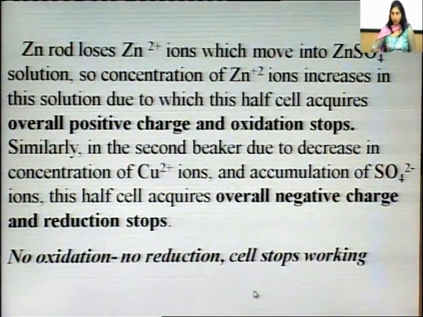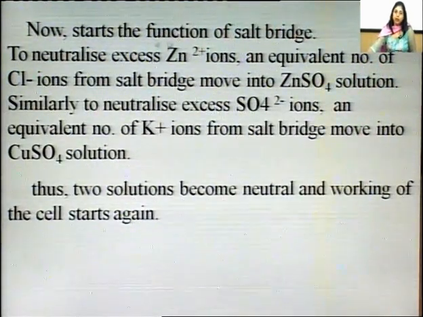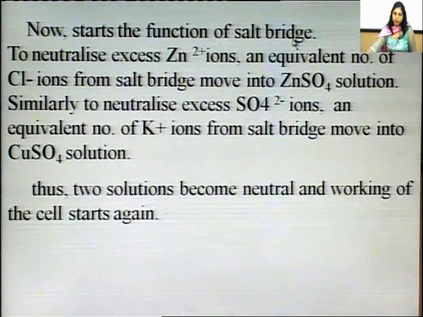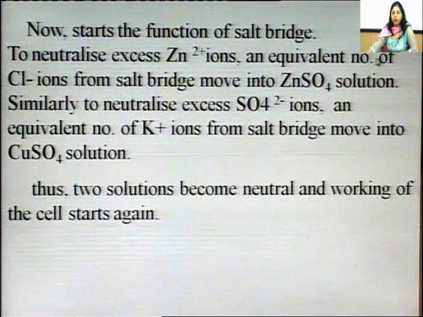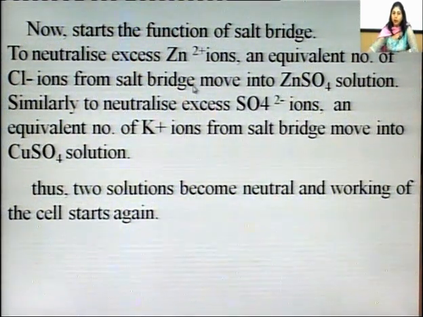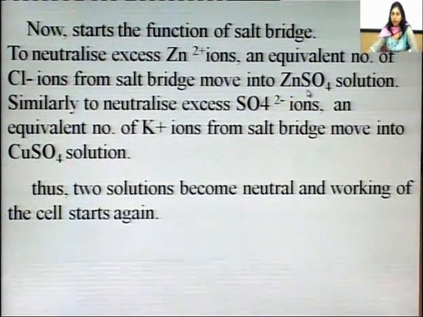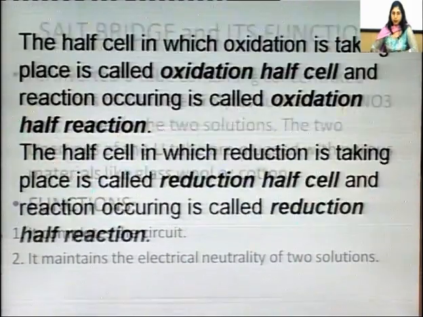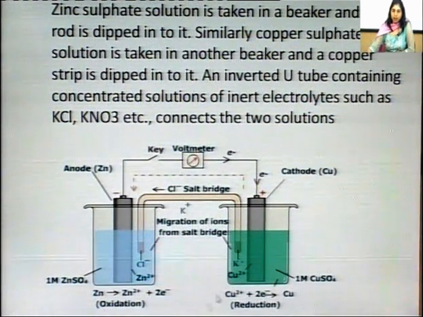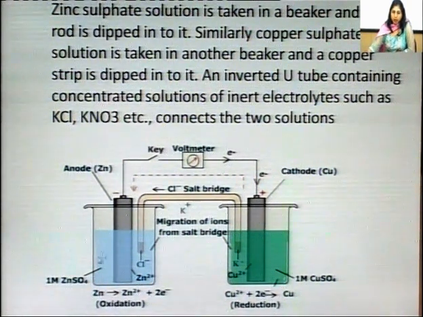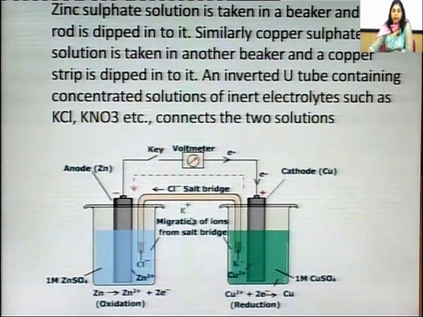So, the cell will stop its working. Now starts the function of the salt bridge to neutralize the excess zinc ions. An equivalent number of chloride ions from the salt bridge move into the zinc sulfate solution. It is clear from the diagram that when this beaker gets an overall positive charge, the salt bridge, as I have already told you, contains an electrolyte.